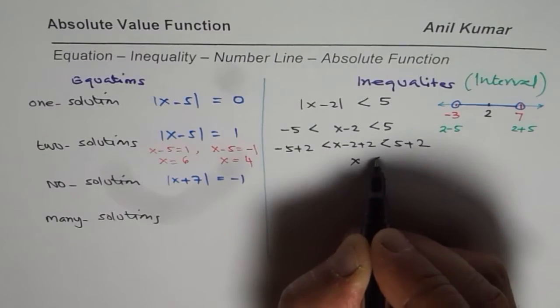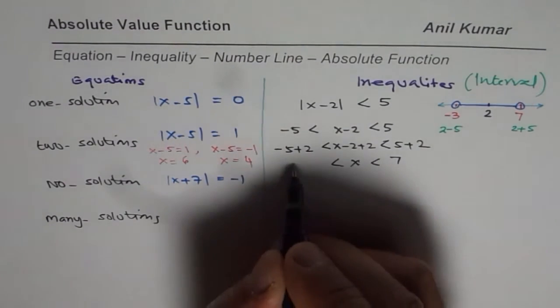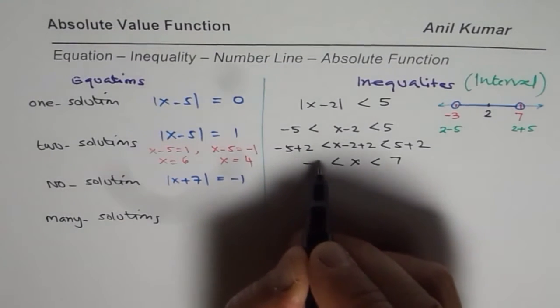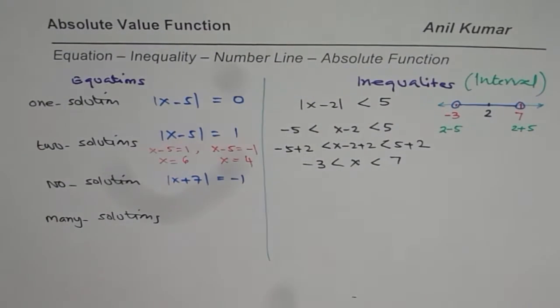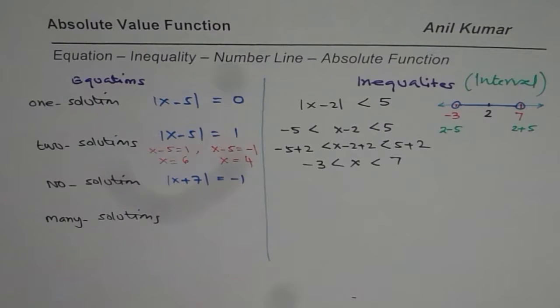Minus 2 plus 2 is 0, so we are left with x in the center, and 7 here, and minus 5 plus 2 is minus 3. So we get the solution which we got by the very basic definition. Do you understand? So in general, the inequalities will be solved like this.